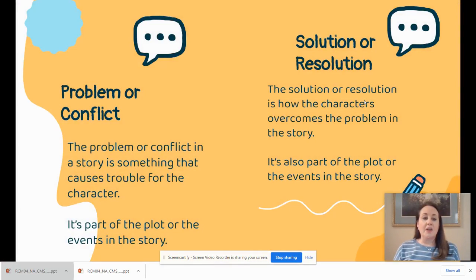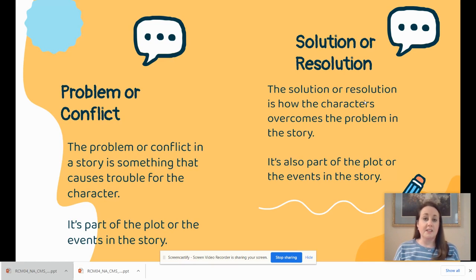All right, so when we're talking about problem or conflict and solution or resolution, your characters are going to have some kind of problem that they have to deal with. It's something that causes trouble for that character, and it is part of the plot or the events. Either a character is trying to overcome something, or they're dealing with something and they're not really sure how to deal with that.